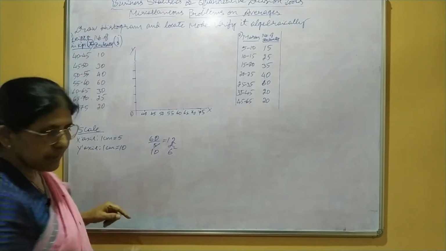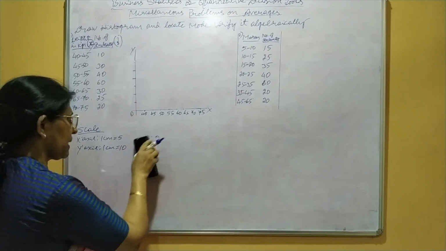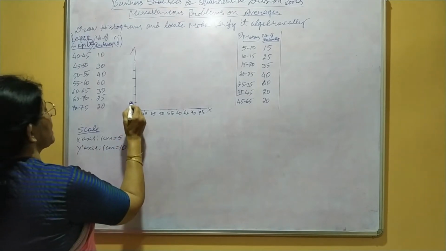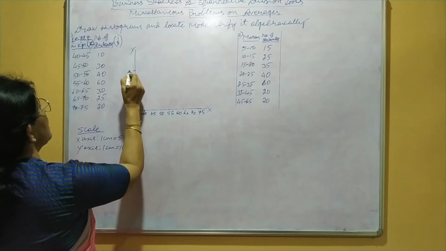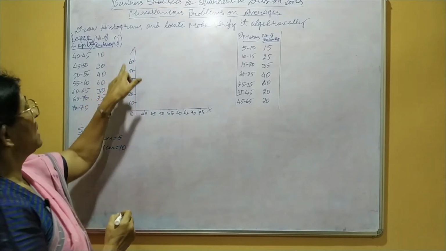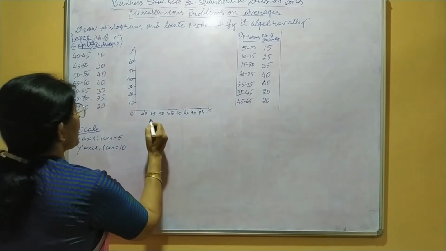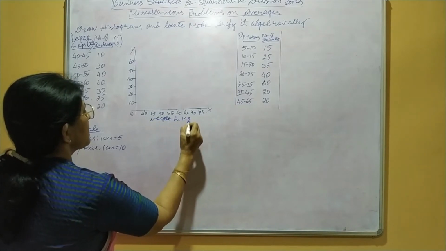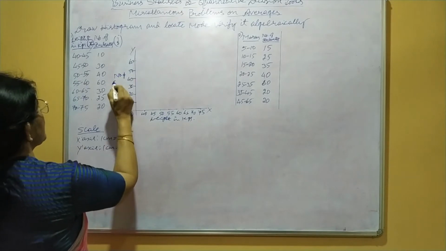For y-axis we have taken 1 centimeter equals 10, so start from 10: 10, 20, 30, 40, 50, 60. Highest frequency is 60, therefore it is enough. These are weight in kgs, and these are number of students.